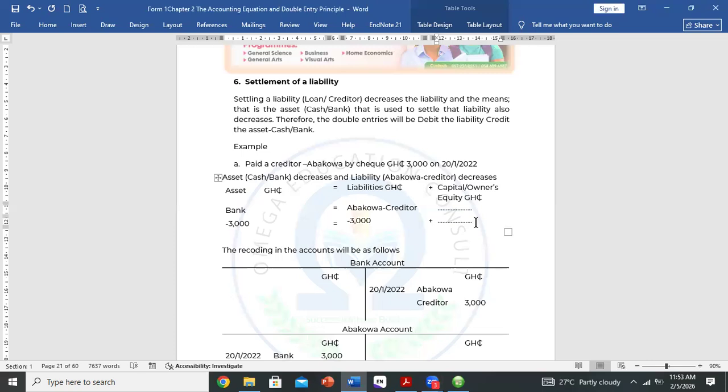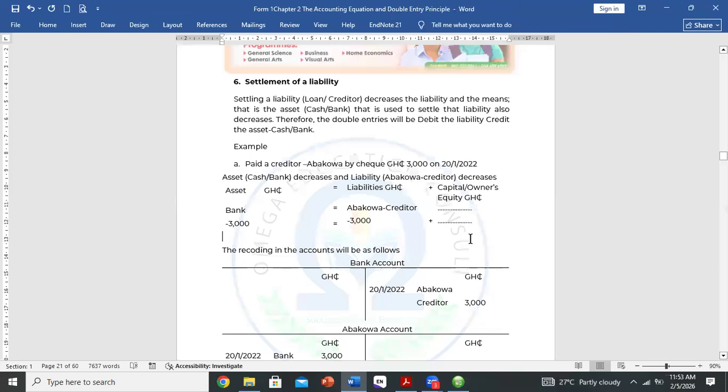the debt will reduce. You see that here too, you can use the personal account because Abakwa is a person, right? And Abakwa is receiving, because if you are paying Abakwa, it means Abakwa is receiving money. So you debit the receiver. That's if you go the personal account way. But if you go the element way, Abakwa is a liability. And if a liability is decreasing, we debit it.